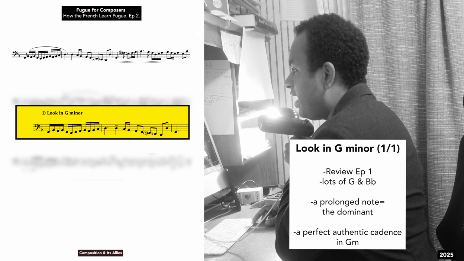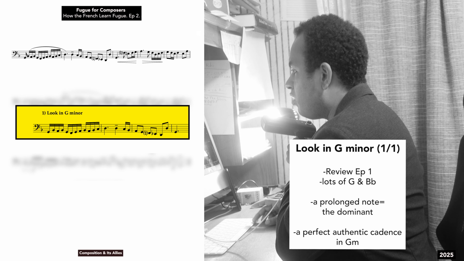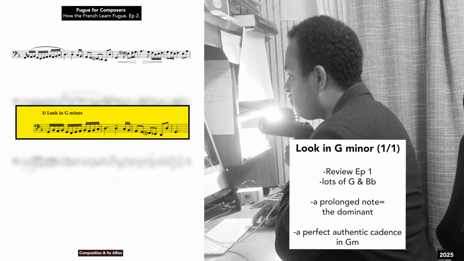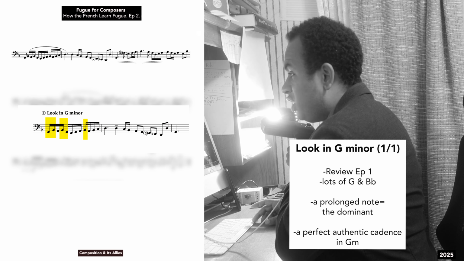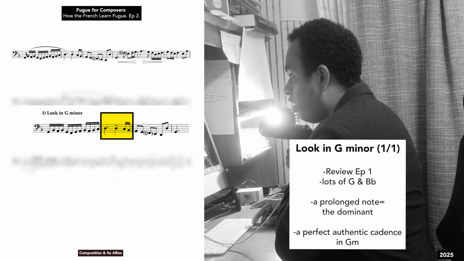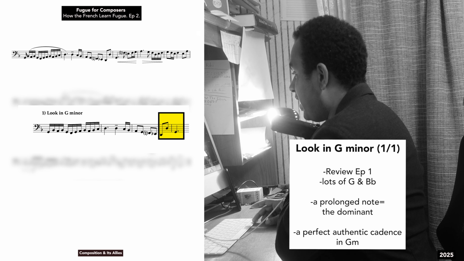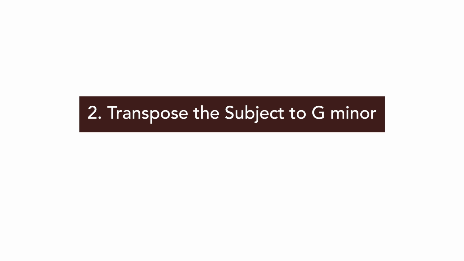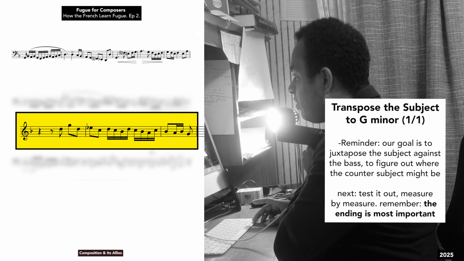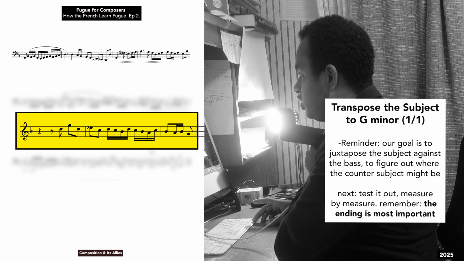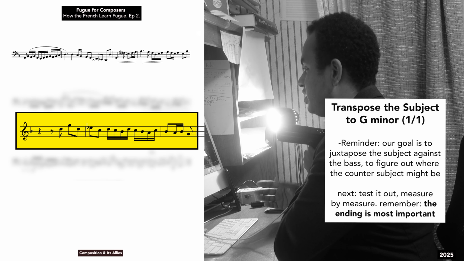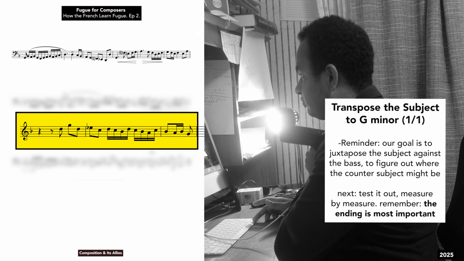First off, we're looking in the new key. We went over this in episode 1, but we're in G minor. Just as a refresher for everyone, we see lots of G and B flat. We see prolonged duration on the D, which is the dominant, and we have a perfect authentic cadence in G minor. Now we need to transpose the subject to G minor because we're going to have to test it with the bass.